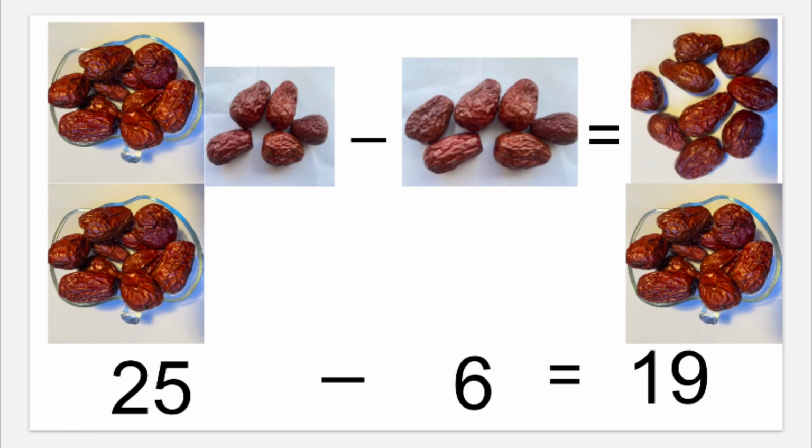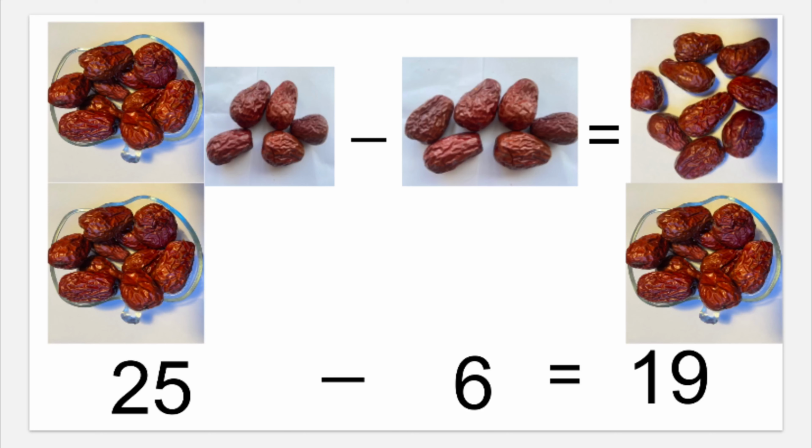We have 25 dates: 2 bowls full of dates, 10 in each, and 5 dates on the ground. We want to take 6 dates from this 25, but you see there are only 5 dates on the ground. We need to take 1 date from the bowls.